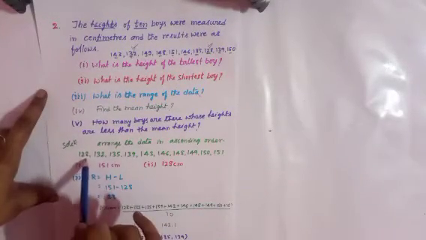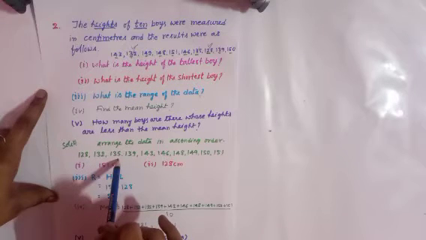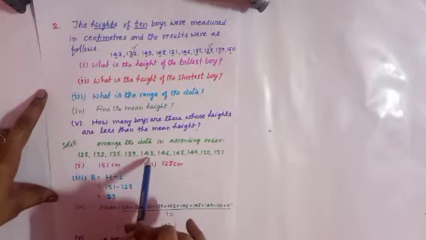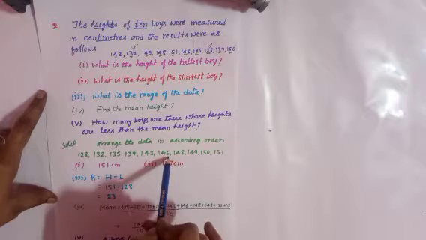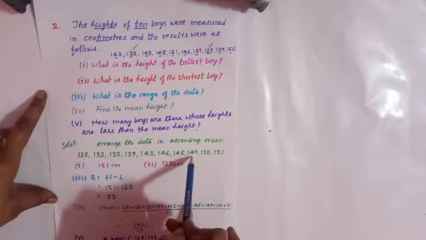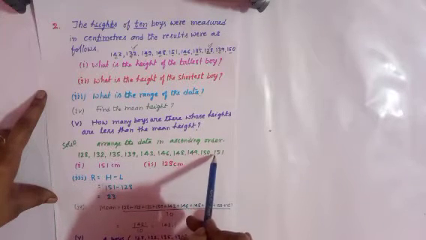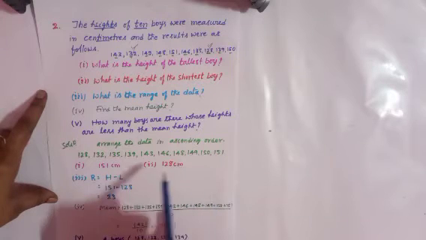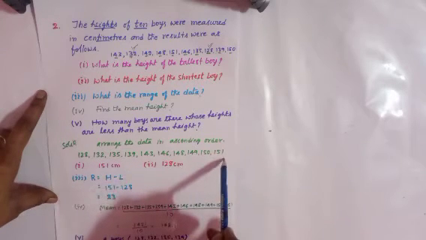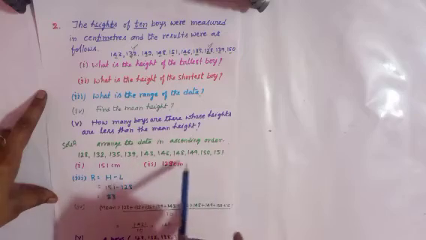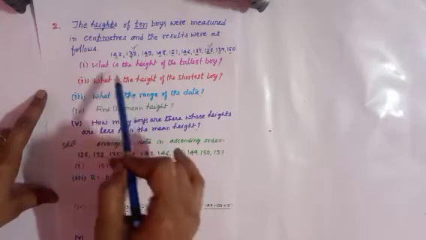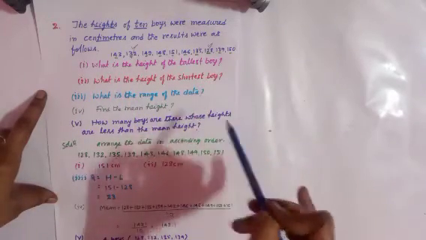That is 128, 132, 135, 139, 143, 146, 148, 149, 150 and 151. Now I have arranged the data in ascending order. So first we arrange it, then we can answer all these questions easily.